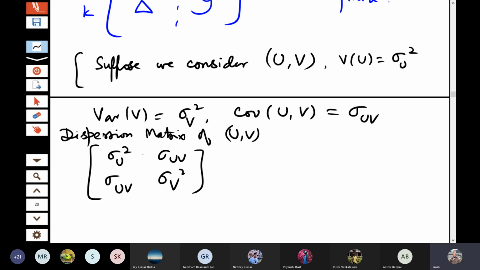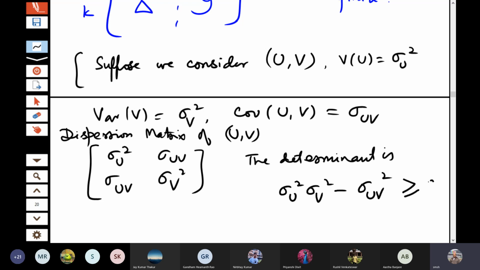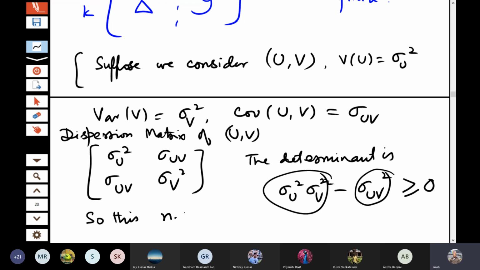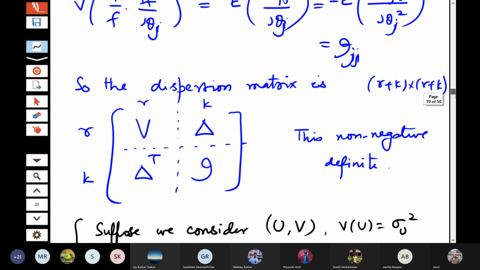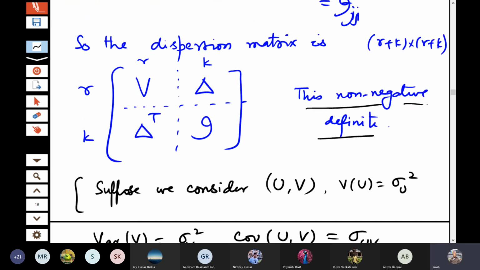And another thing that you see, the determinant is sigma u square sigma v square minus sigma uv square, which is greater than or equal to 0 by the covariance inequality. So this is non-negative definite. If you extend this argument to higher dimension, this will also be non-negative definite.